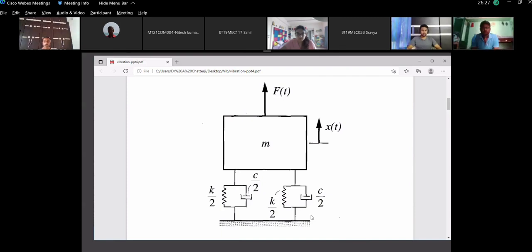Sir, for balancing of the mass. No, not balancing. Basically, I am discussing a machine placed on the floor on an isolator. So what is an isolator? We will discuss after 1 week. An isolator is a device that possesses spring stiffness and damping simultaneously.